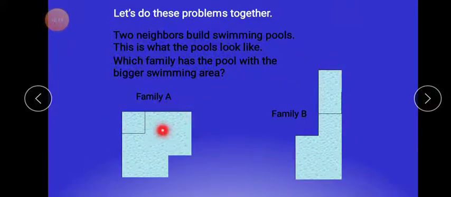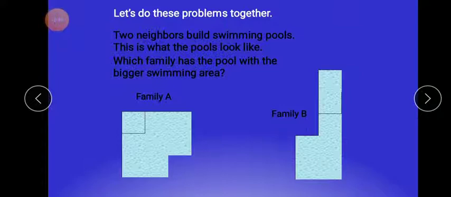Make some squares of equal size for both family A as well as family B. Then count the number of squares in family B as well as the number of squares in family A. The one which has the maximum number of squares will have the bigger swimming area. In this manner you can find whether family A or family B has the bigger swimming area.